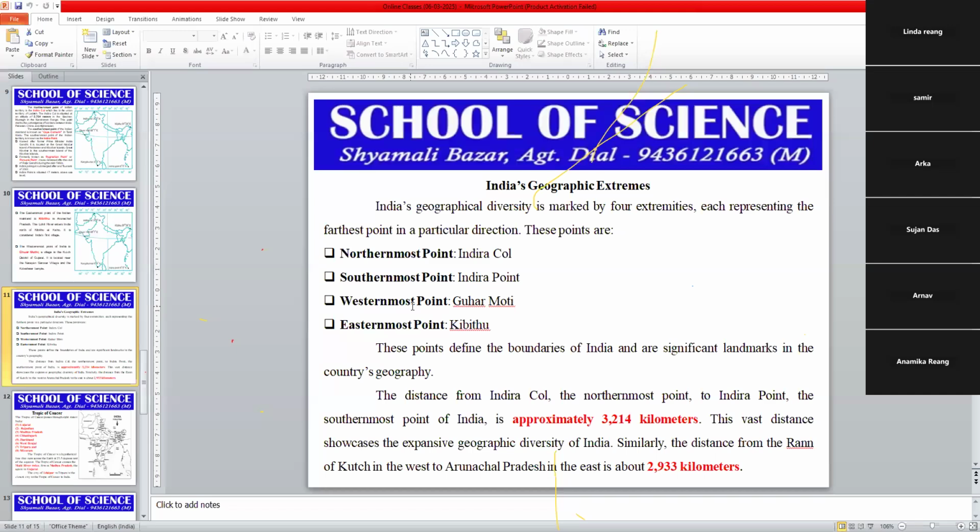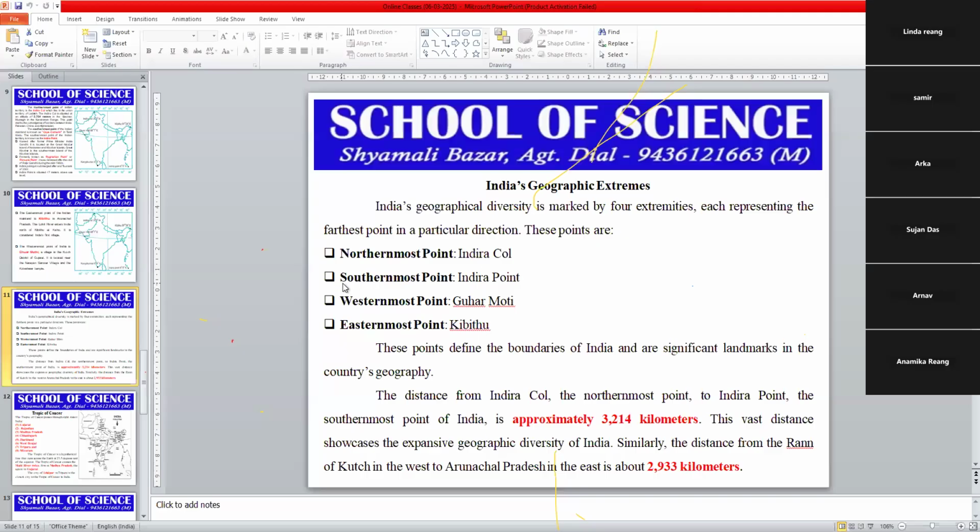So the things are coming up like this. India's geographic extremes. India's geographical diversity is marked by 4 extremities, each representing the farthest point in a particular direction. Someone would ask you, what is the northernmost point of India? You should say Indira Col.